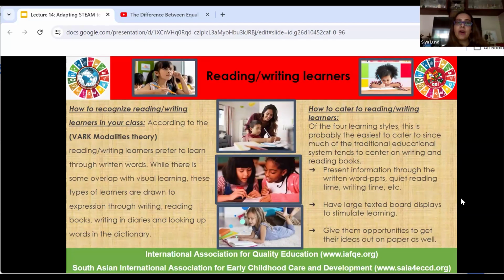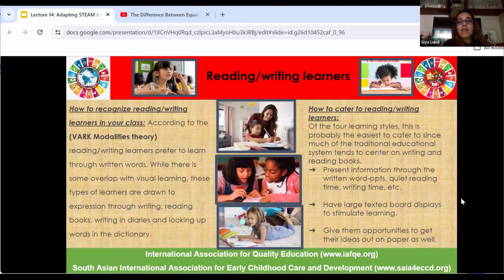They said even reading and writing learners are essentially visual learners, but they learn specifically through reading and writing words. So it does overlap with visual learning, but they do have a very specific way of learning, that is reading and writing.